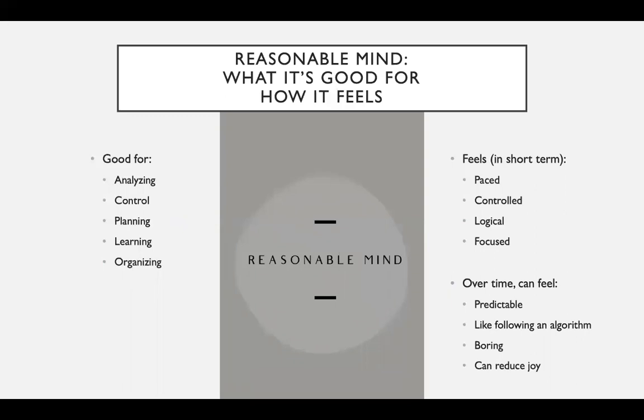But over time, it can feel more predictable or even boring and like it's rote or you're robotic following an algorithm, and can reduce joy. That piece over time, and the piece where we're applying reasonable mind when it's not helpful, can show us that there's problems with reason, because reasonable mind is cold and dismissive of emotions or needs or desires or passion, basically of everything that this emotion mind that we'll review encompasses.